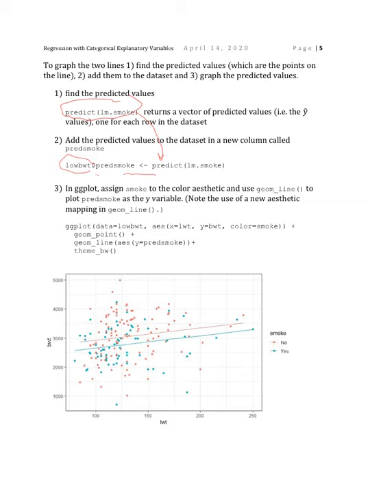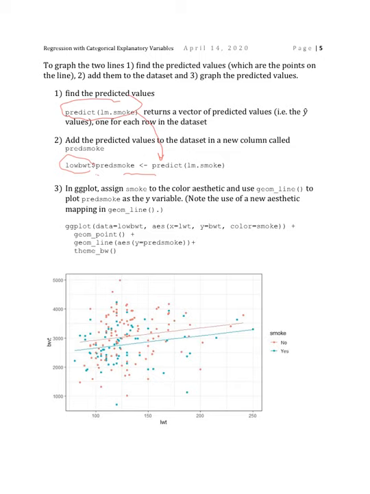So the new part here is in this statement right here, geom line. And notice that geom line has its own aesthetic mapping. And here, we're taking that pred smoke predicted values that we created in the previous step, and we're mapping those to the y-axis.